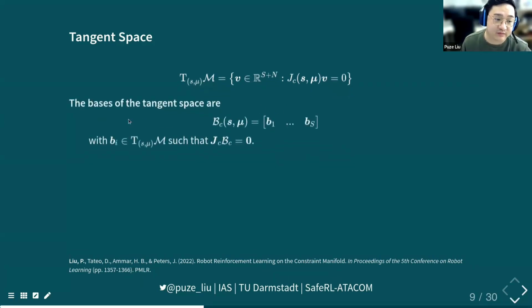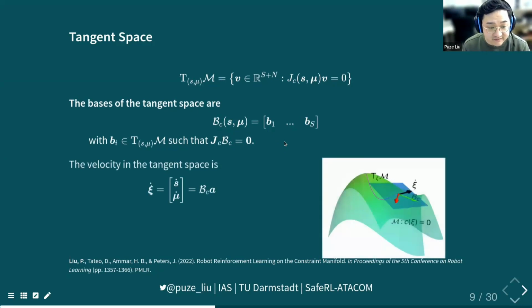Since it's a linear space, we can determine it at each point, and we can also determine a basis of each tangent space by a set of vectors, or in matrix form. Each basis vector stays inside the manifold and spans the whole space. We can ensure that the Jacobian C times B equals 0.